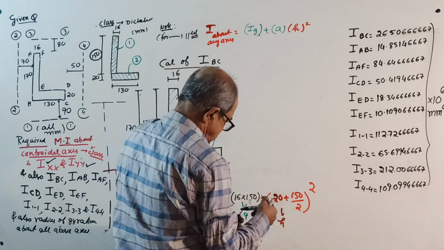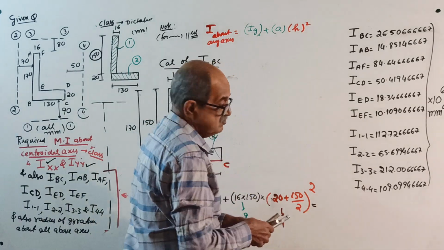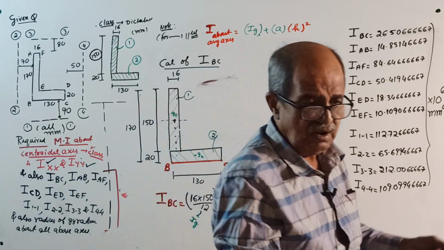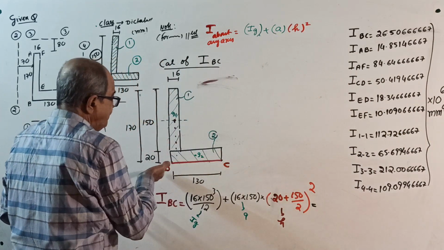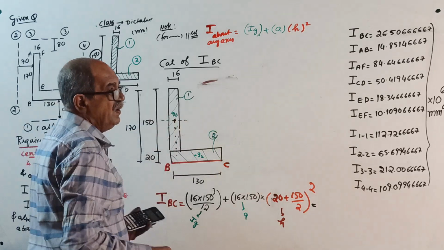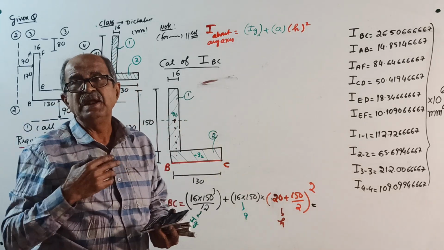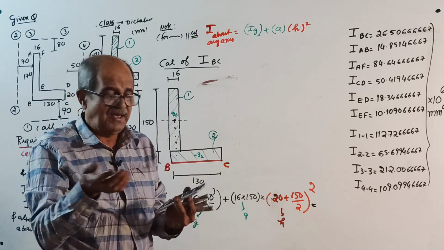The answer will come in 10 to the power 6 millimeter power 4. We'll calculate. I about BC equals IG plus A H square. I won't waste time explaining too much, as this was told many times earlier.